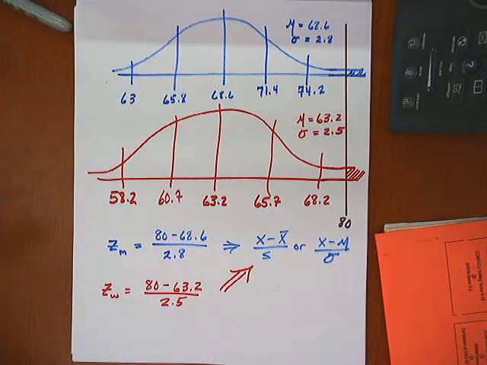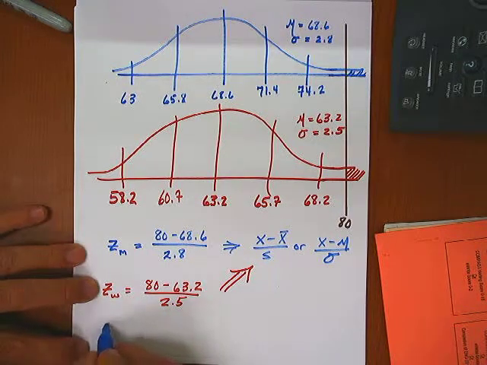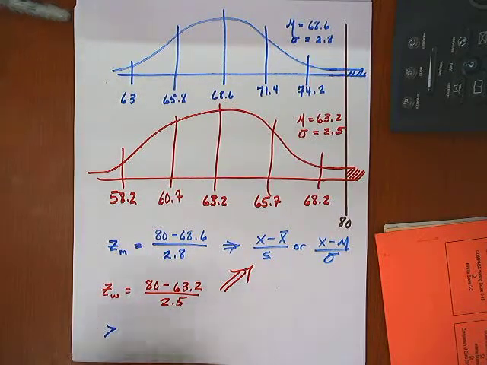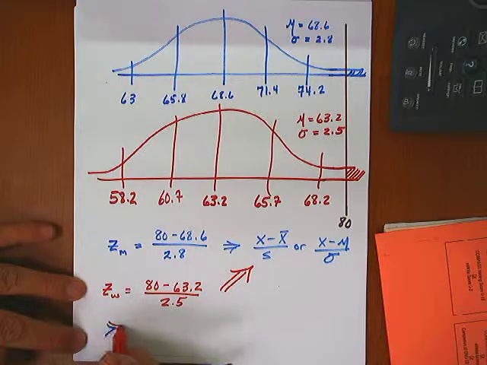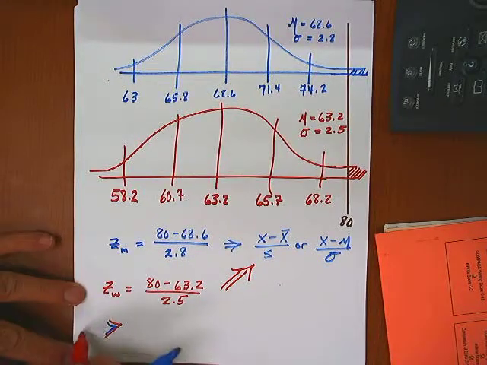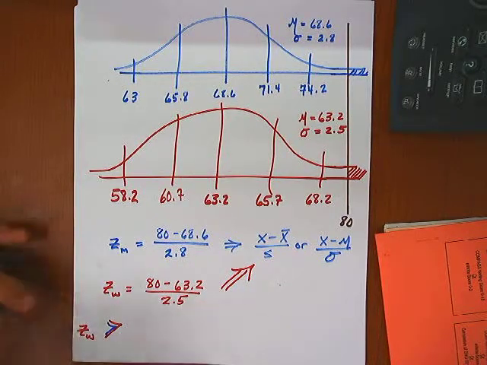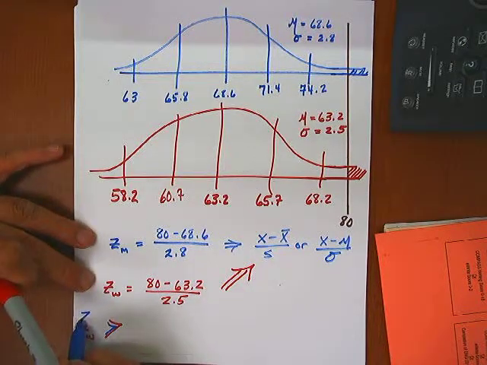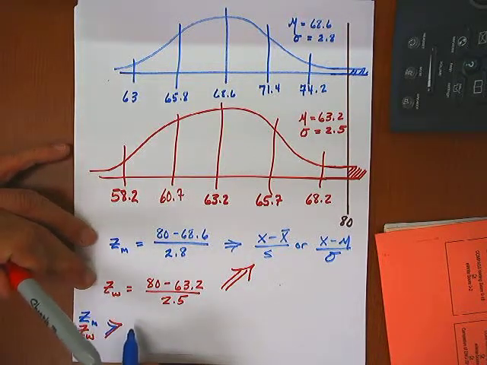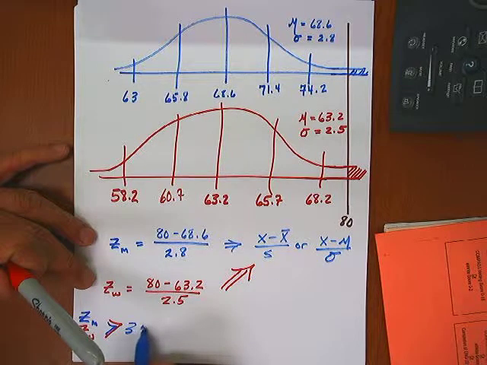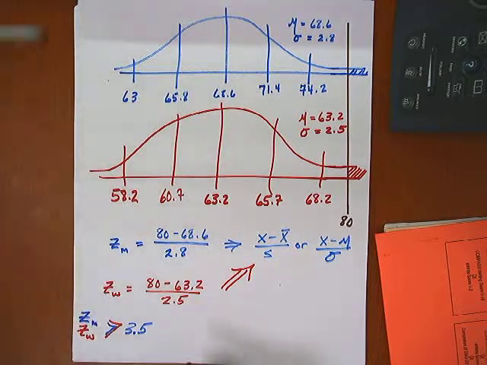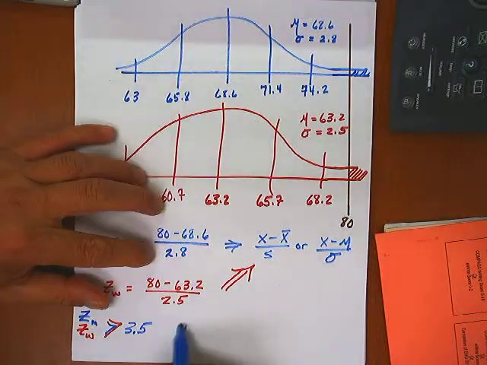Now, these two are going to give you like 4 and 6. I don't know what the numbers are because I don't have a calculator with me, but both are going to be greater than 3.5.